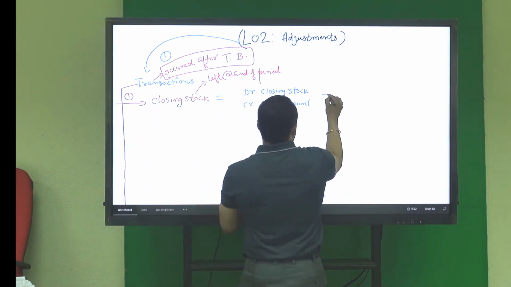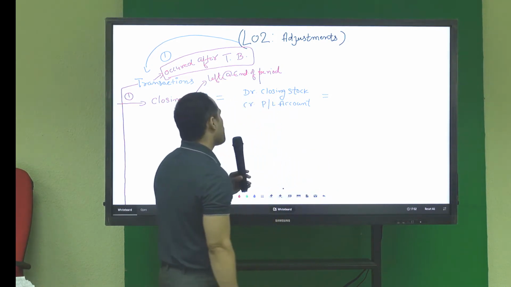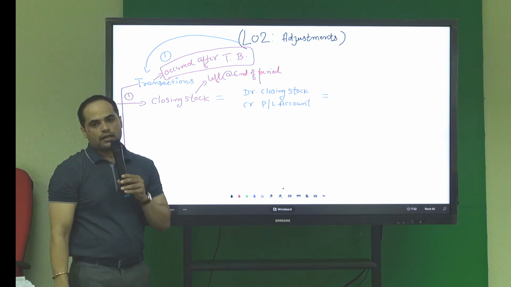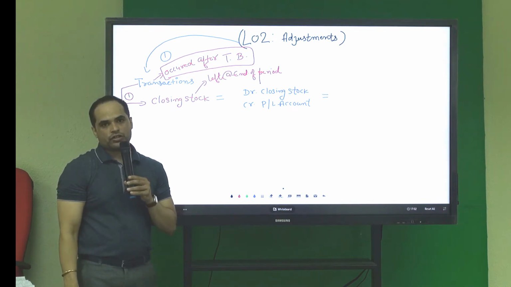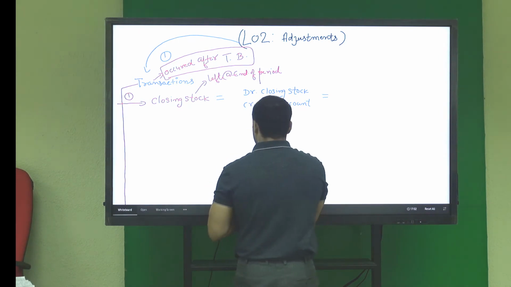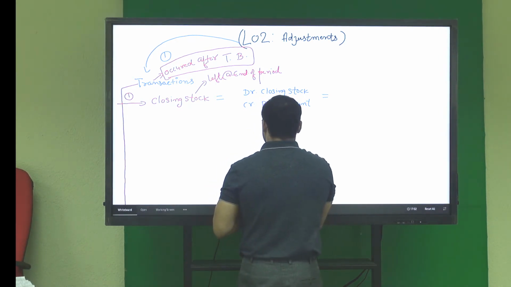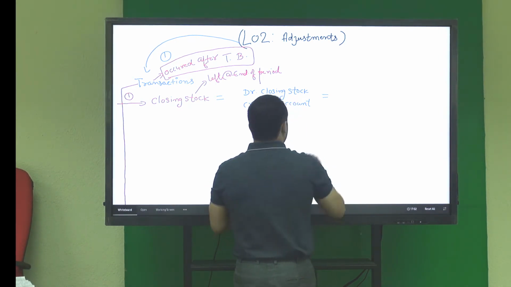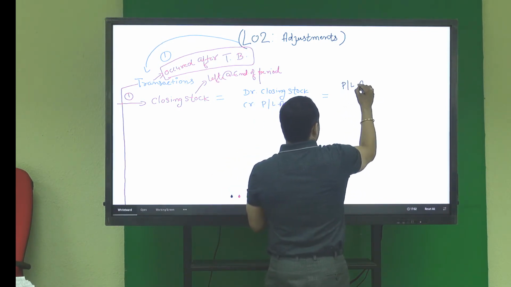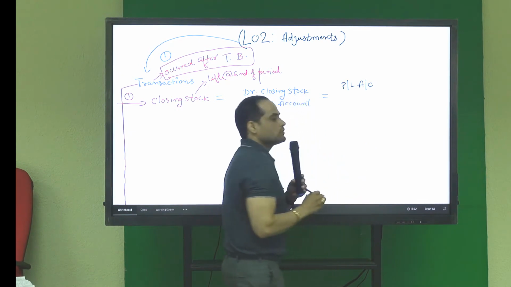Now, what will be the treatment, or how do we record this journal entry in our profit and loss and balance sheet? Of course, it will be recorded in profit and loss account. Why?